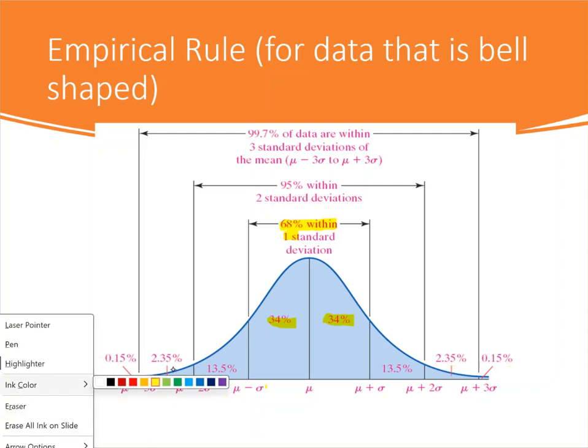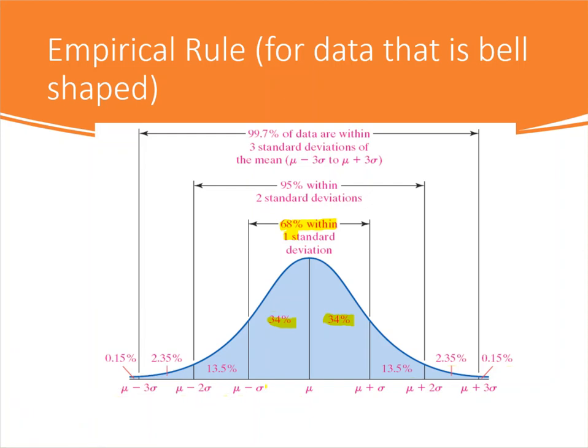Let's go even further. Let's talk about 2 standard deviations away from the mean. So now I'm at the center. If I move all the way out here 2 standard deviations away from the mean, that's going to entail 13.5 plus 34 plus 34 plus another 13.5%. So I can expect 95% of my data to fall within 2 standard deviations of the center.